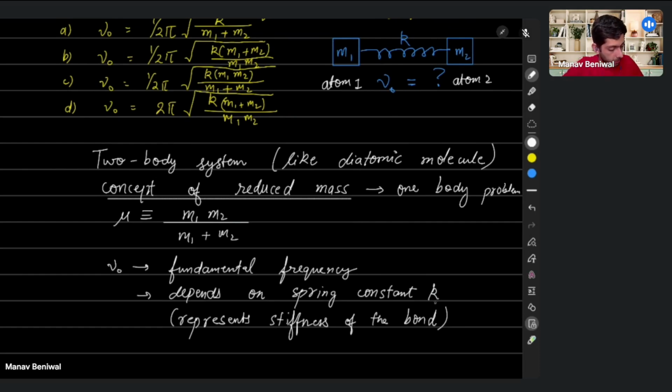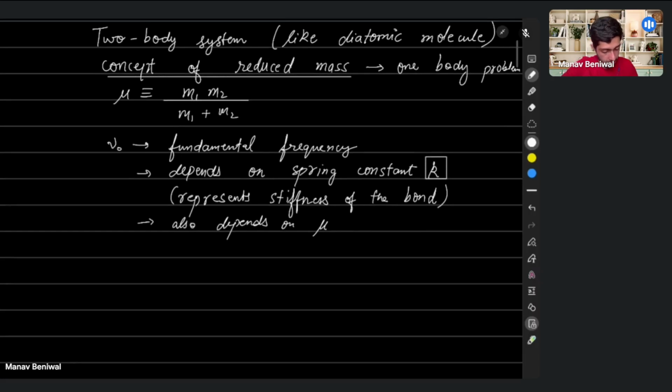So this is determined by k, the stiffness of the bonds. And then it also depends on mu. Okay, and the formula is nu naught.